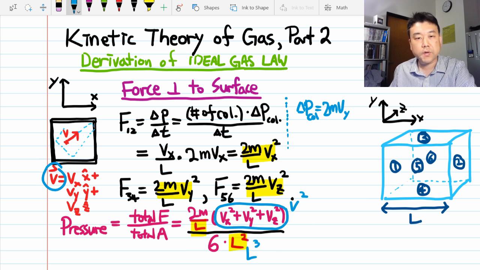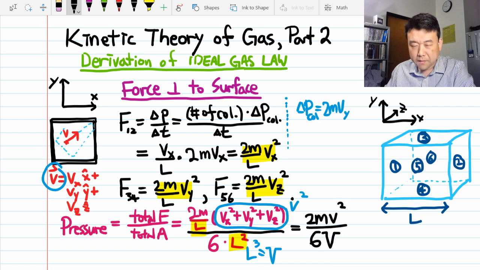But then since we are dealing with the cube, L cubed is the volume, or capital V. Let me write all this down, making sure you're not confusing the lowercase v for speed with uppercase V for volume. So this is for a single gas particle.